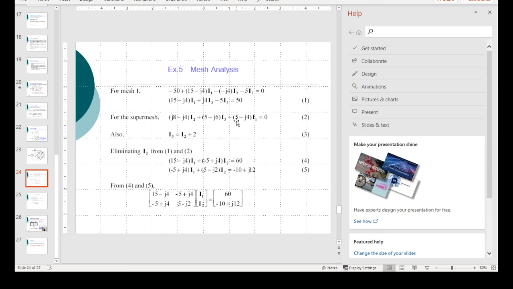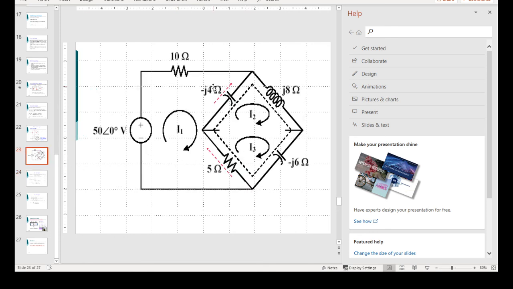Alright? And after that, we are back to simplification of the equations. Another last equation which I need to bring your attention to is, because remember there are 3 variables, but so far we have done a mesh equation for that, and we've done a super mesh equation here.